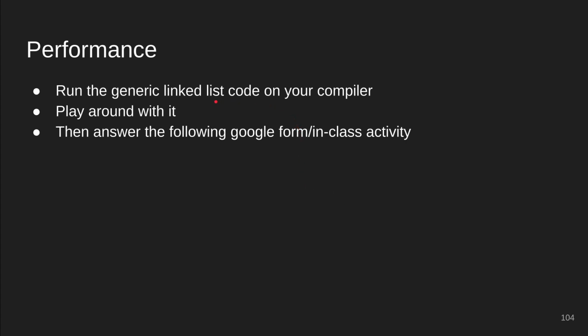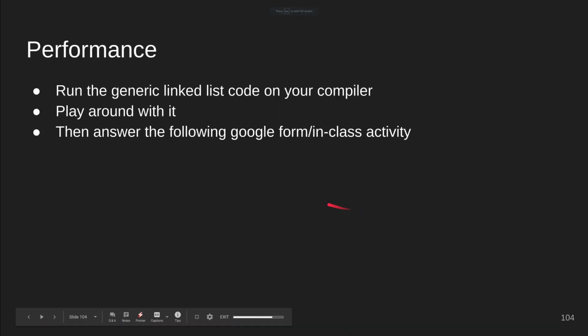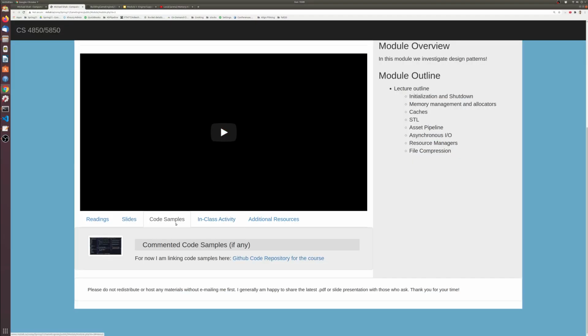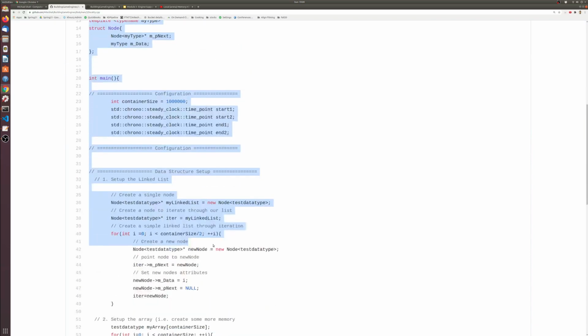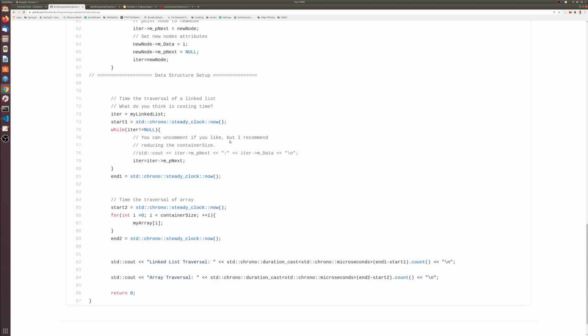Okay, so you might try running. I'm going to give you in the sample a generic linked list that you can run on your compiler and try to play around with it and try to answer some questions on the in-class activity. Okay. So where that is, just to be clear, if you go back here to the main website, the code examples, we're on module 3, and there will be a file here, locality CPP, that you can try running and just run some little experiments with some data structures.